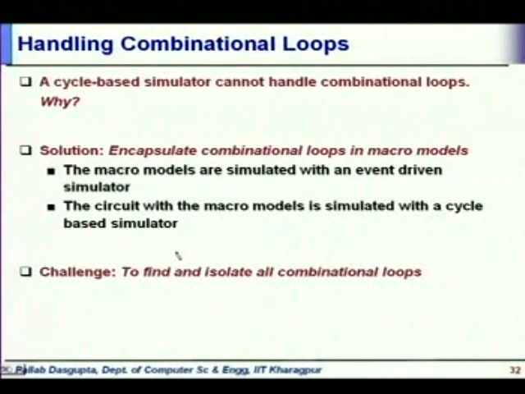The other important thing that we need to look at is how do we handle combinational loops. Now, remember that combinational loops can be handled by event driven simulation, because it is just going one gate at a time, it is propagating the events, and the events might come back also to the input of the circuit through the loop, and you again propagate the events and you can continue this thing.